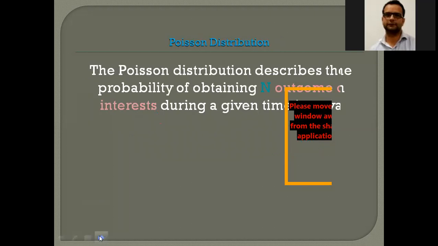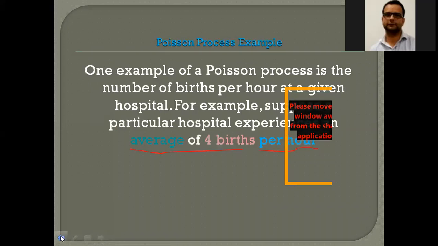Now, where do we mostly use this Poisson process? You use it, for example, if you want to calculate the number of road accidents.